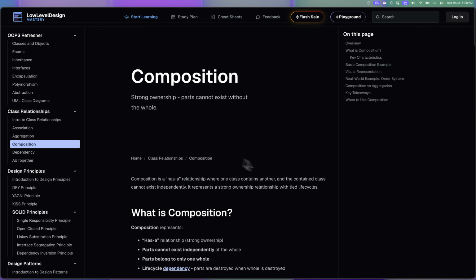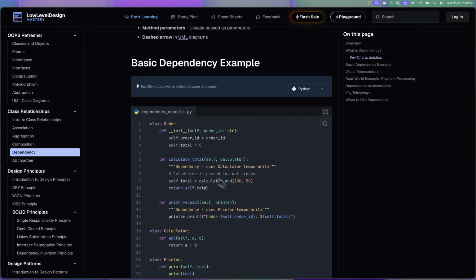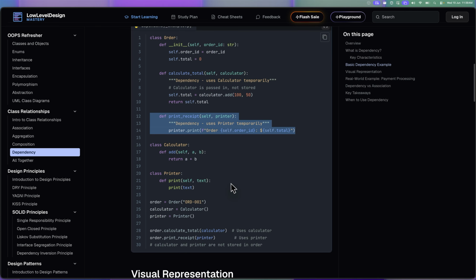So are we storing anything here? No. But if you go back to composition, we are storing a reference to an Engine class and the Wheel class, right? But here there is no reference; we are not storing it. Whenever we want to use it, we use it, and after that we just release it.